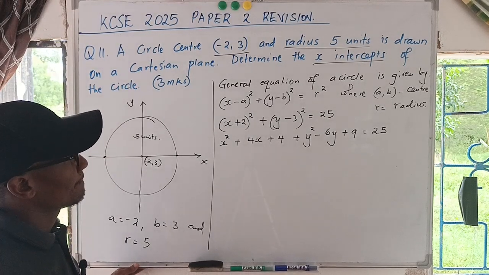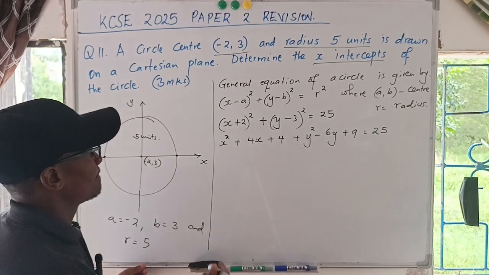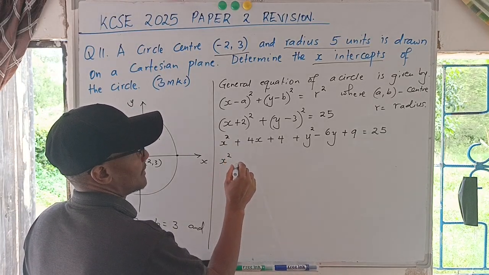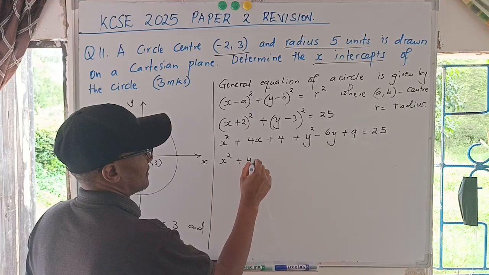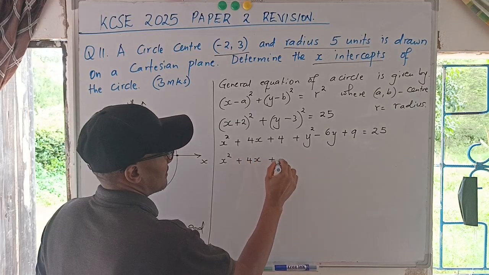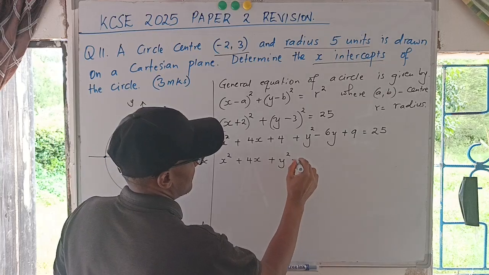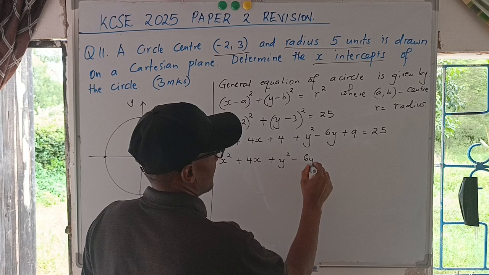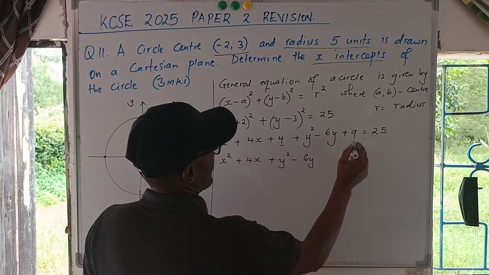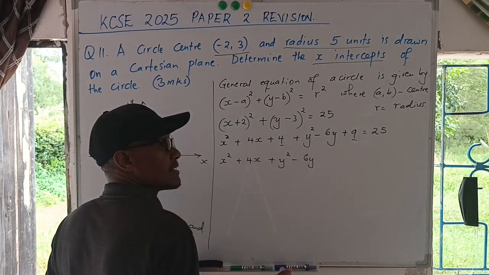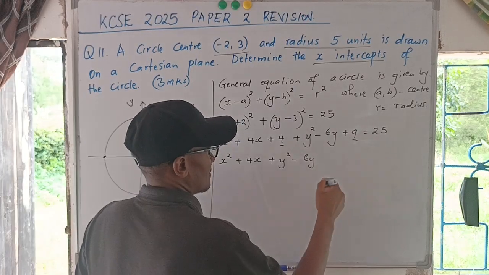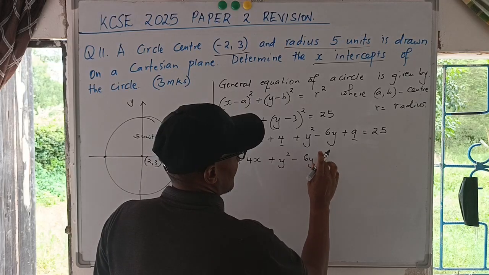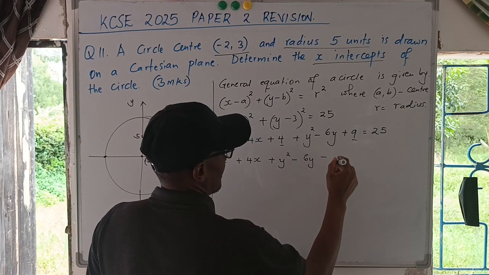Simplifying all these, we get x squared plus 4x plus y squared minus 6y. 4 plus 9 is 13. If 25 is brought to the other side, it becomes minus.